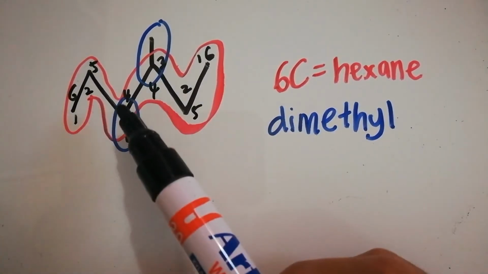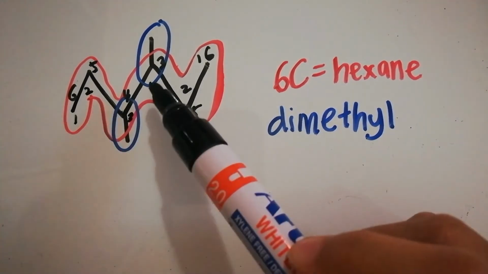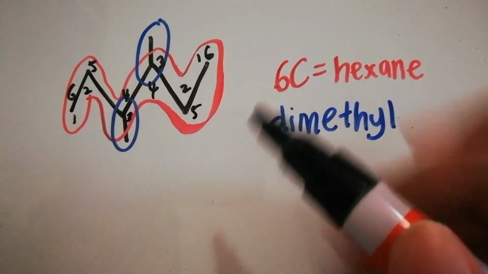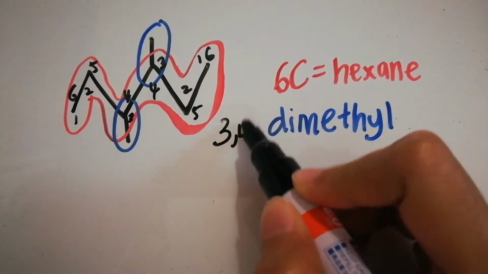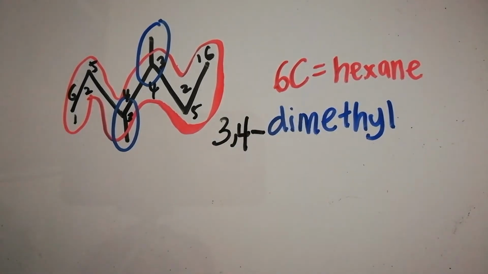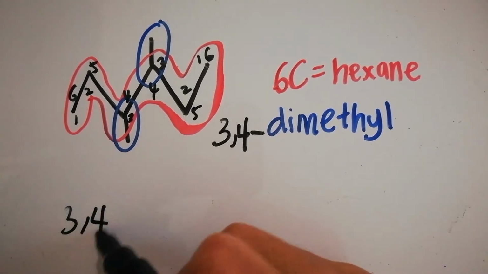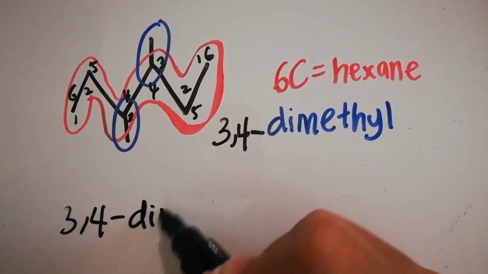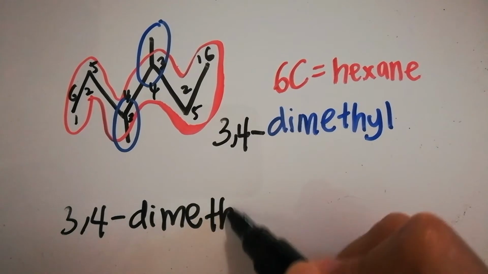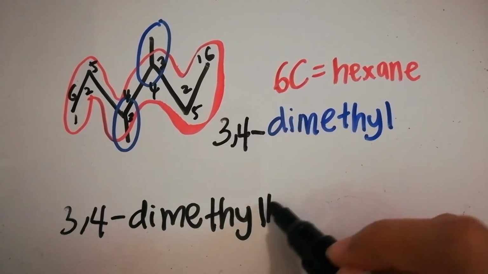So there's no difference, which we got here 3, 4, and this also 3, 4. So it becomes 3, 4 dimethyl. The last answer should be 3, 4 dimethyl hexane.